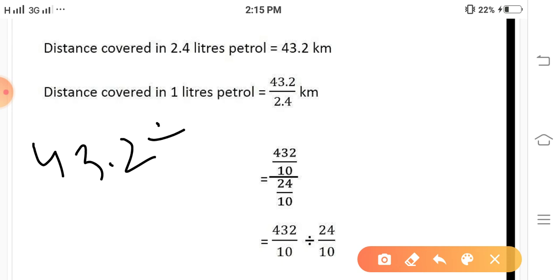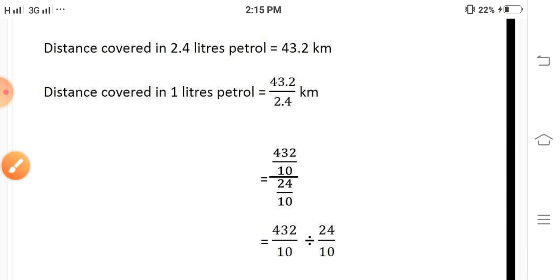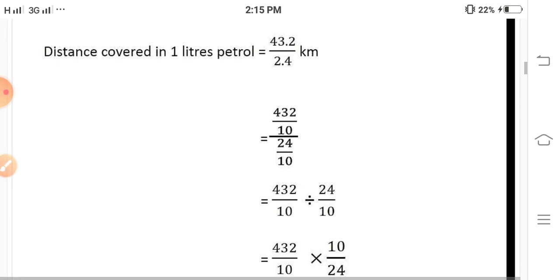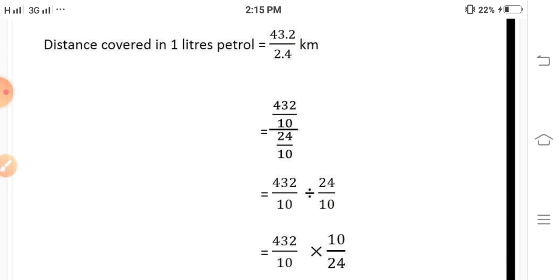Now remove the decimal point, take the reciprocal, change the sign. This way you can write, or this way also you can write.